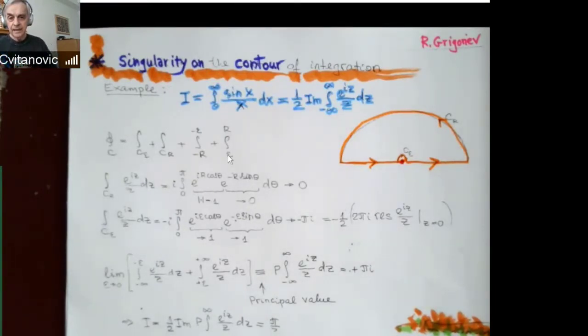In other words, if I write e to the iz, it has two parts. It has cosine theta plus i sine theta, and the imaginary part pulls out the sine theta.